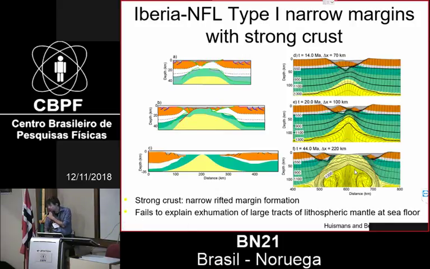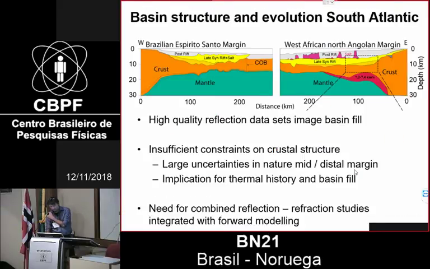Now this does not reproduce what we observe in the South Atlantic, basically the conjugates between Brazil and West Africa. Here in the South Atlantic, and this figure was shown by Ricardo already, we have a lot of high quality reflection data and they image basin fill, but we have insufficient constraints on crustal structure, and there are large uncertainties on the nature of the crust in the mid and the distal margin.